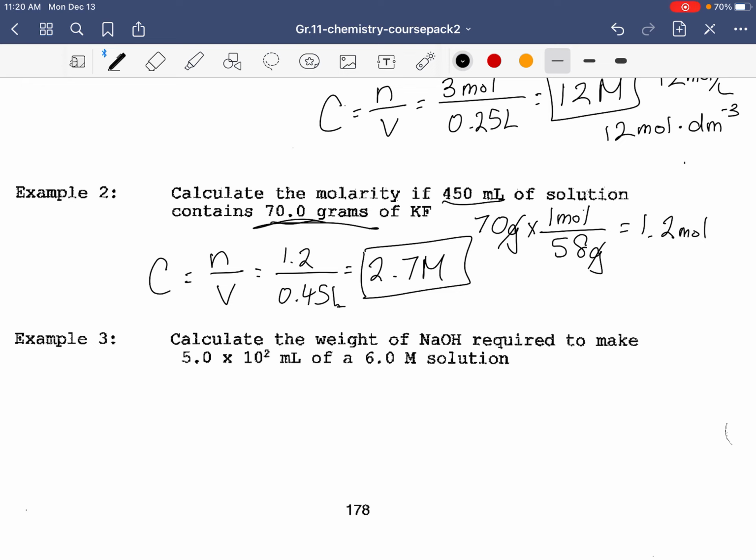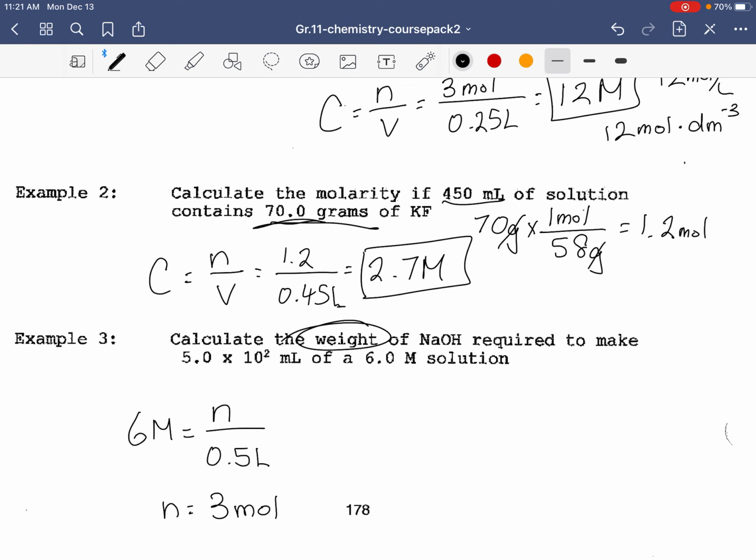I mean, that's not something you haven't done before. So let's do that. So the concentration here is 6 M, equal to moles over volume. So in this case, you're looking at 0.5 liters. So moles right here, of course, is 3 moles. And it does say calculate the weight. It never says calculate the mole. It's hardly ever calculate the mole of something. You should calculate the mass of something, because that's meaningful.